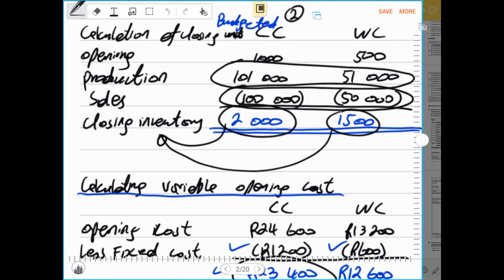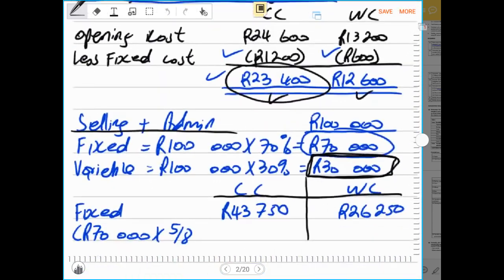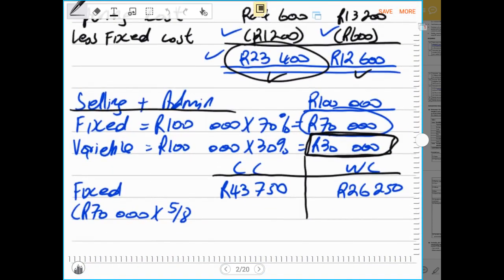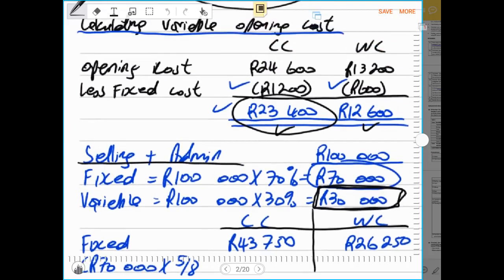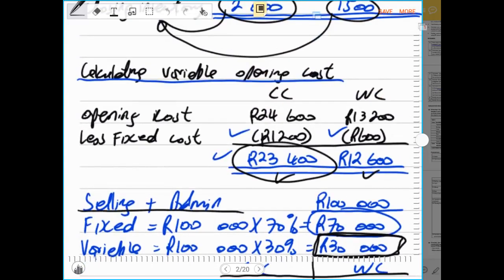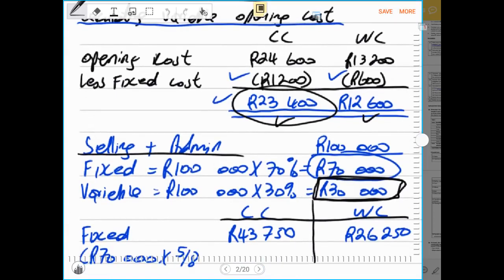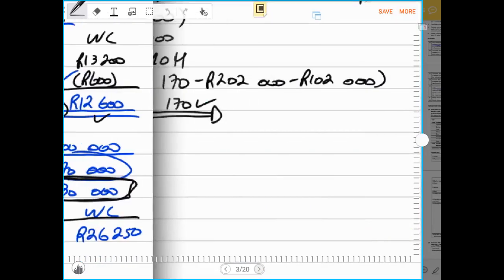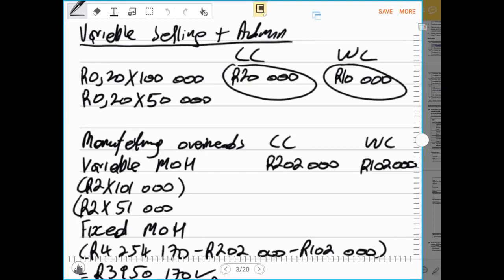And now let me go back. This was my working number 2, so it still continues under number 2. No, this is a different case. Selling and calculating, this should be working number 3. Then my selling and administration that goes up to this stage will be under working number 3.